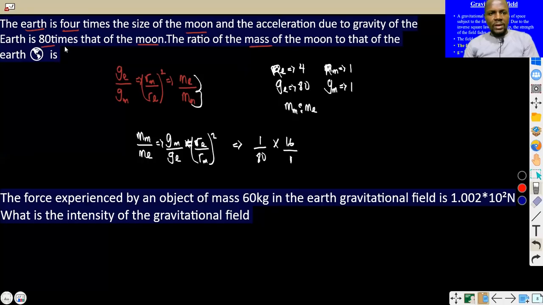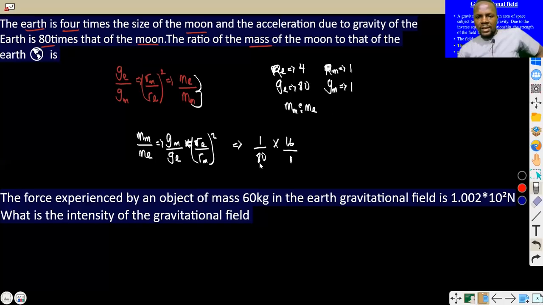And the acceleration due to gravity of the Earth is 80 times the acceleration due to gravity of the moon. What I'm doing, guys, is just verifying that I don't have any issues. So now the ratio of mass of the moon to mass of the Earth, I just plug in the values. G of the Earth is 80 times g of the moon, so g of the moon is 1.